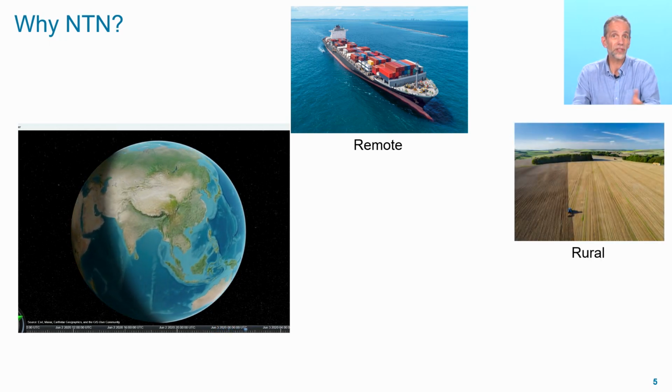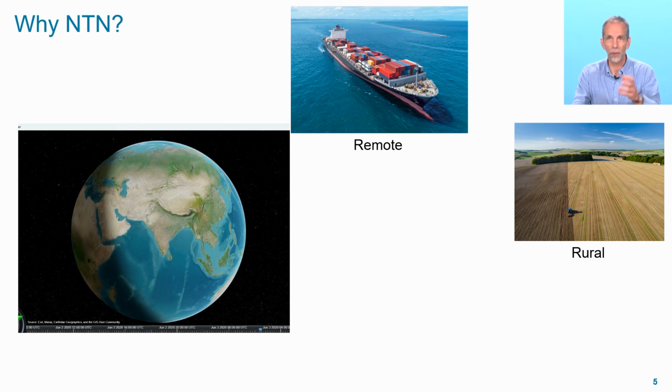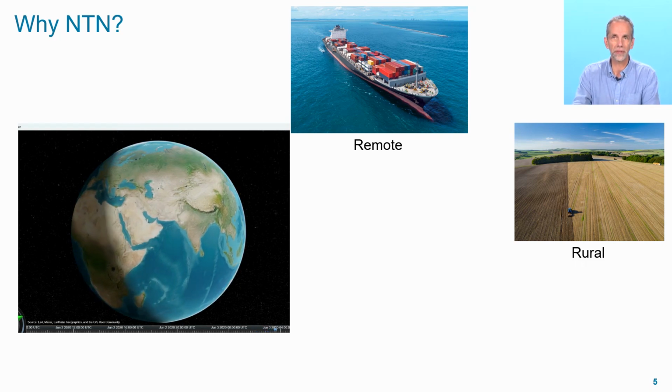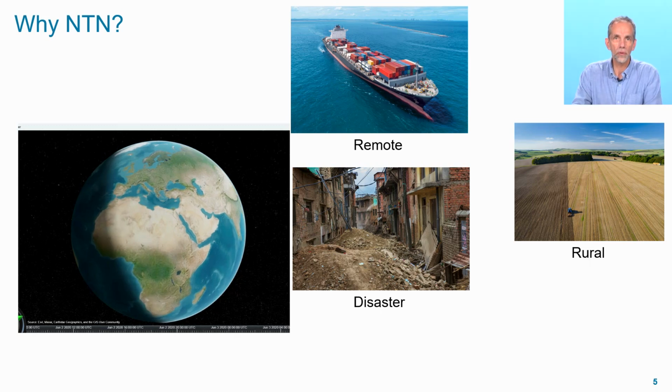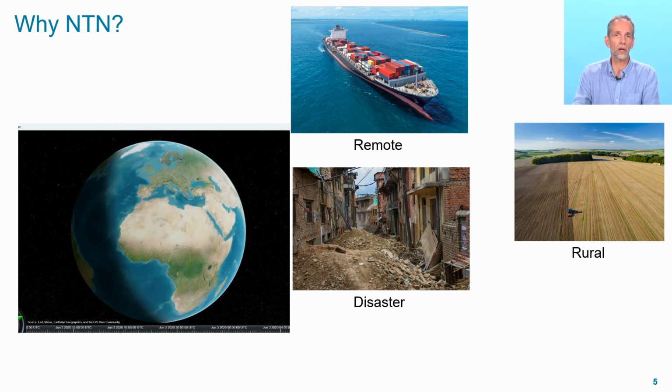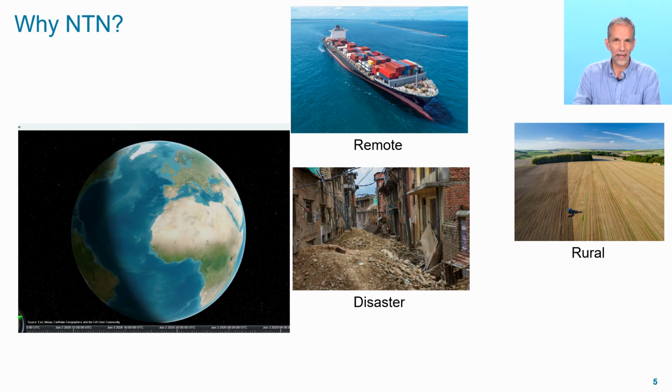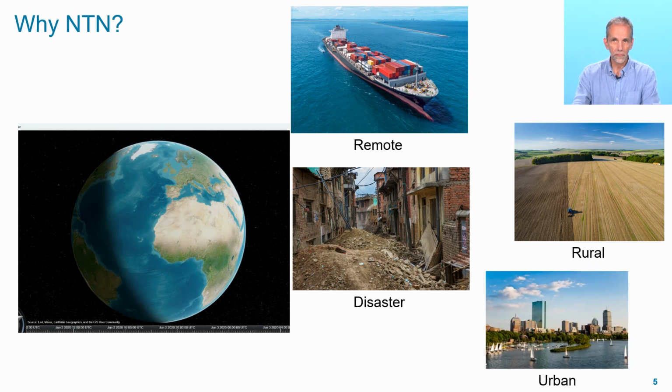Rural areas where it's just economically infeasible to put down a terrestrial network. Disaster recovery. We may recall that a few years ago, during some Florida hurricanes, the cellular infrastructure was knocked out. Satellites came to the rescue to connect first responders, medical personnel, etc. Also, surprisingly, in urban environments where the terrestrial network is just overloaded, satellites can come in and offload some of that bandwidth.